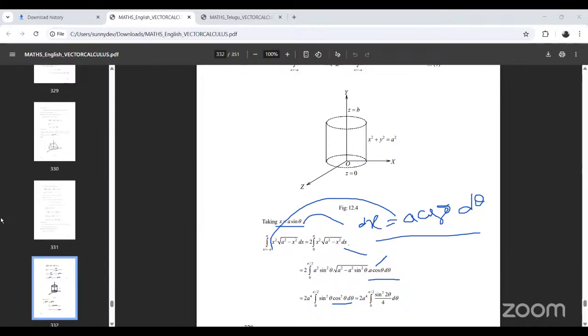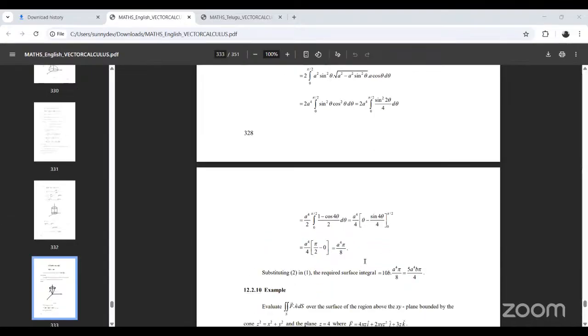And next, we multiply and divide by 4 here. So 4 division and 4 multiply. So this is 4 sin square theta cos square theta, which we can write as 2 sin theta into cos theta whole square.